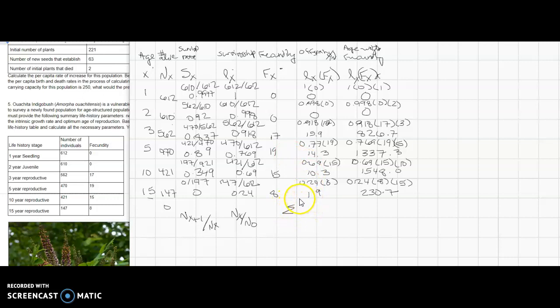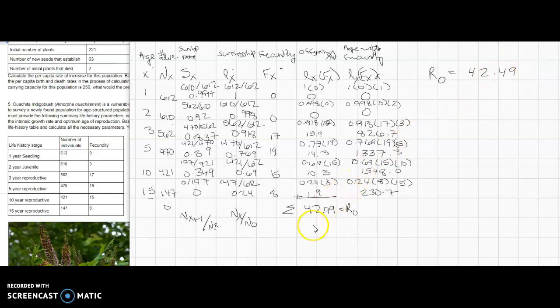Okay, so when you add all of those values together of the offspring per capita, you get 42.49, and that is equal to R naught. So that's one of the summary statistics that I asked you to calculate. 42.49.